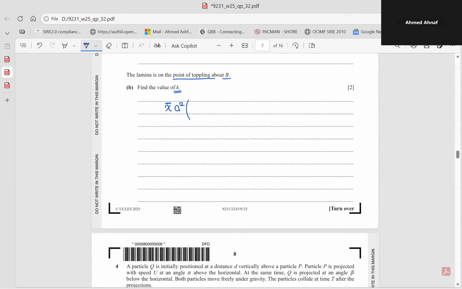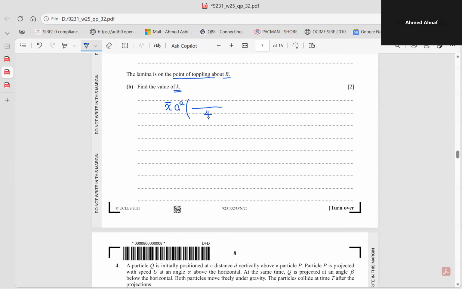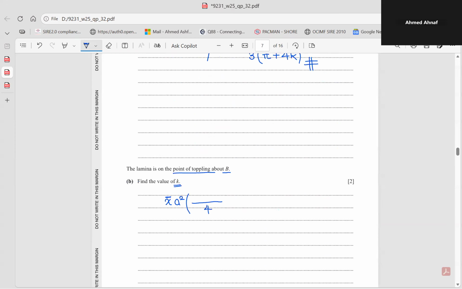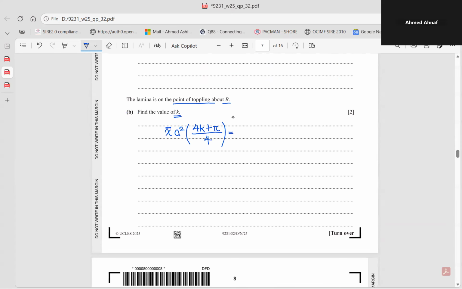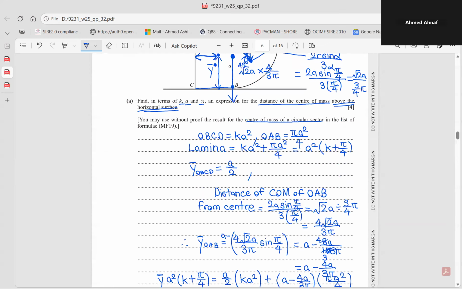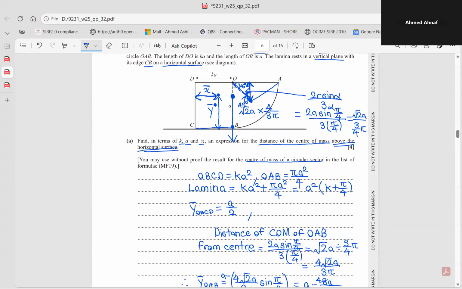This time I'm just going to combine it into a single fraction straight away, so 4k plus pi over 4. This equals the horizontal length of the center of mass of the rectangle times the area of the rectangle first.